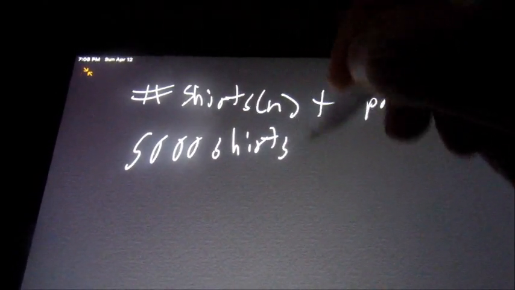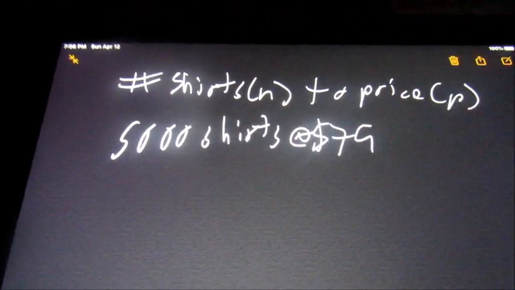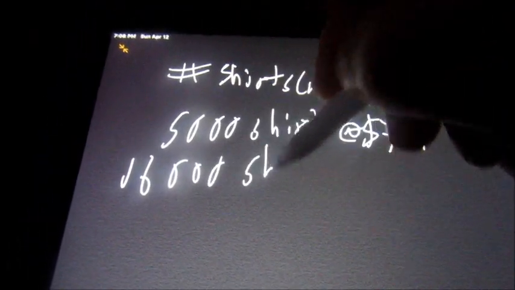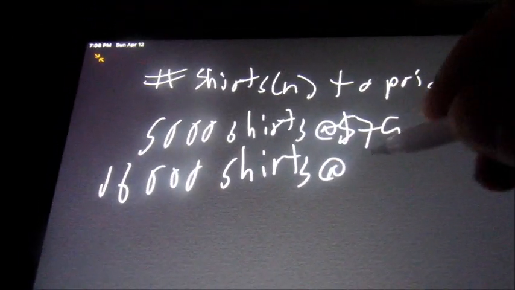So 5,000 shirts at $79, but they can sell 16,000 shirts if they charge $46.